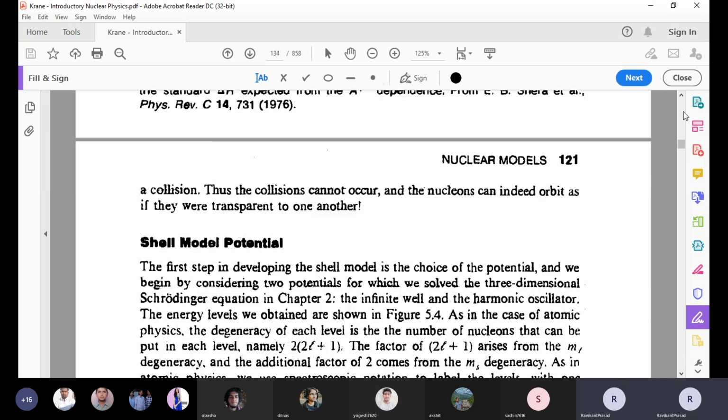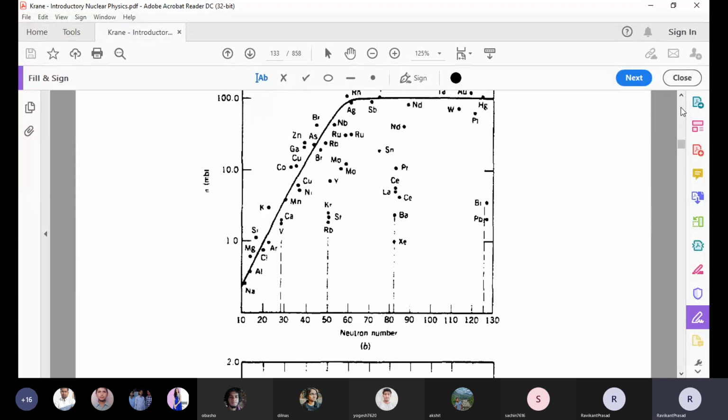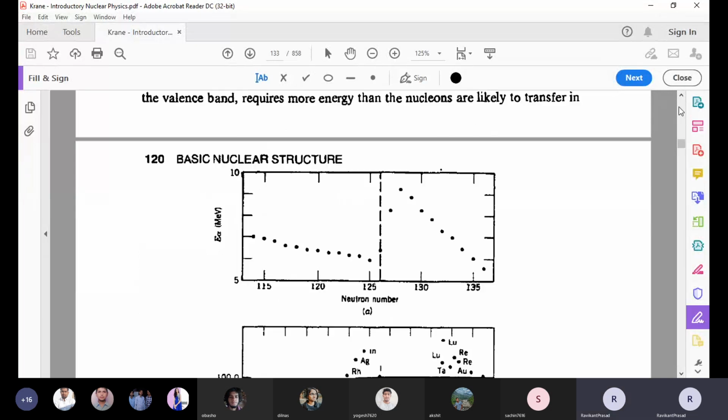Let me just see in the caption. A, Rn, isotope of Rn. So what we are discussing, कि when the alpha particle is coming out from Rn, and if I vary the value of n for that particular nucleus, Z is same, but what we are varying is the neutron number.